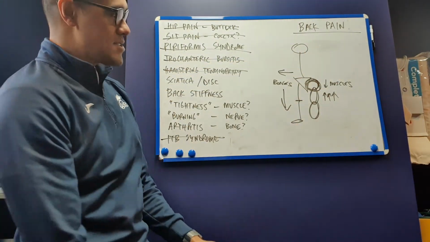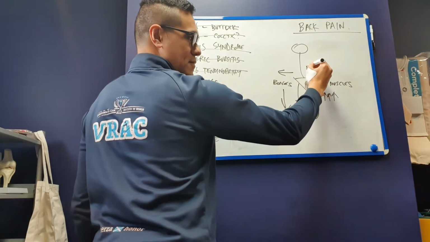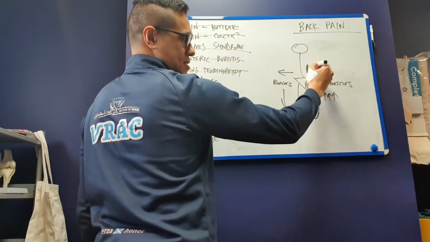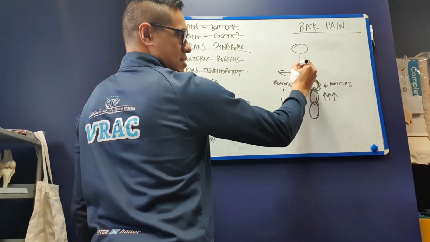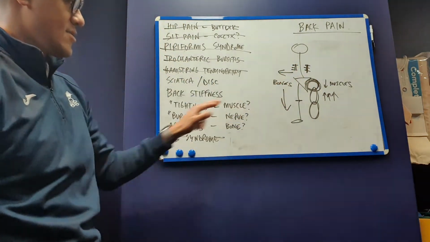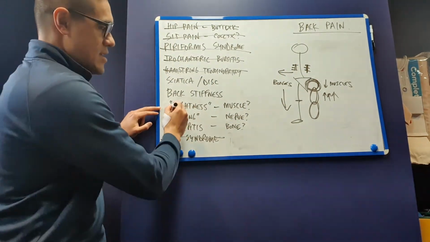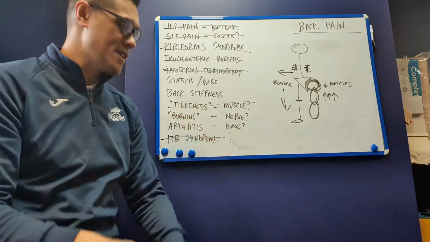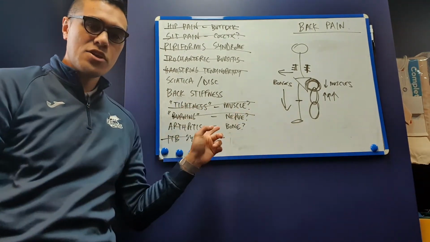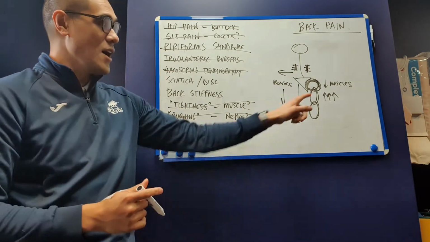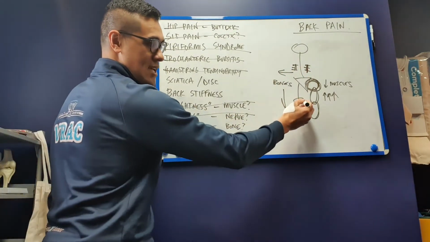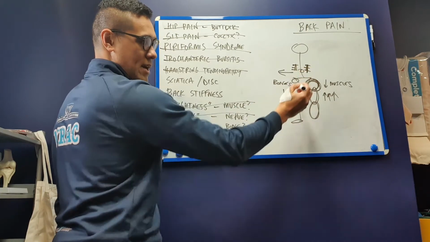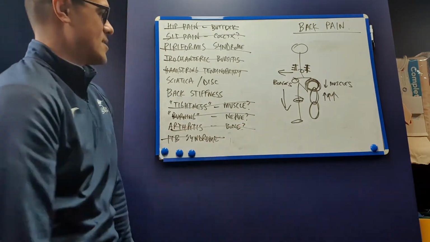Imagine if other areas above your back start to get a bit upset. You start to develop tightness around the back. You start to get burning because you're overcompensating in certain areas. You start to overload other joints, like around your knee, your hip, and your lower back, so you get arthritis pain.